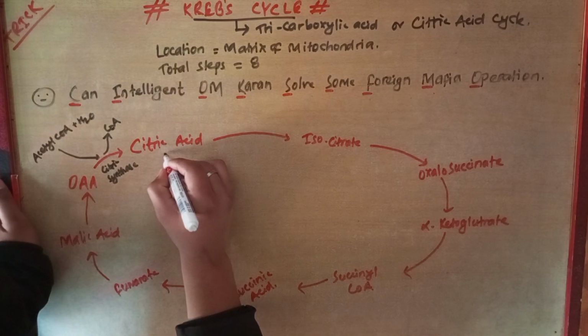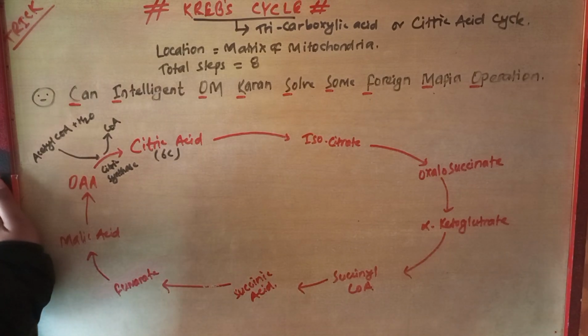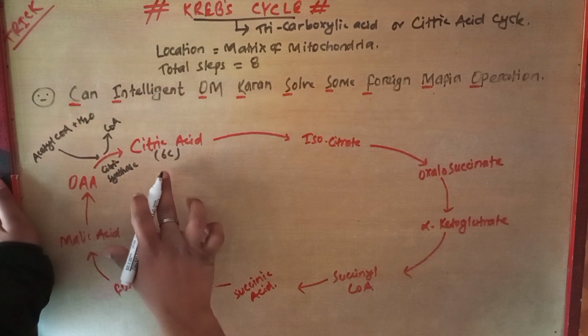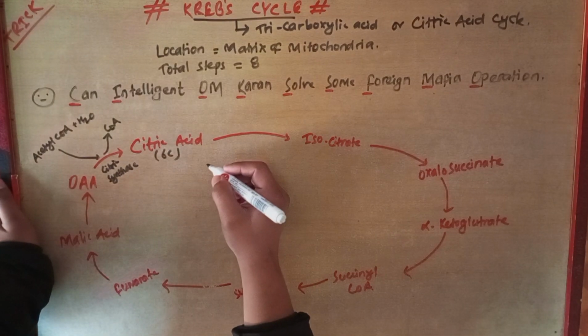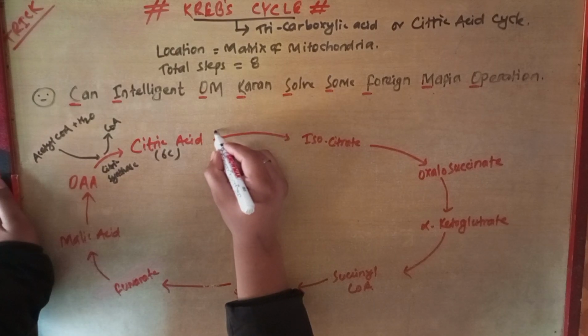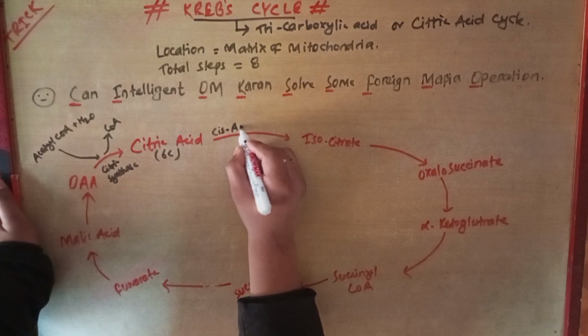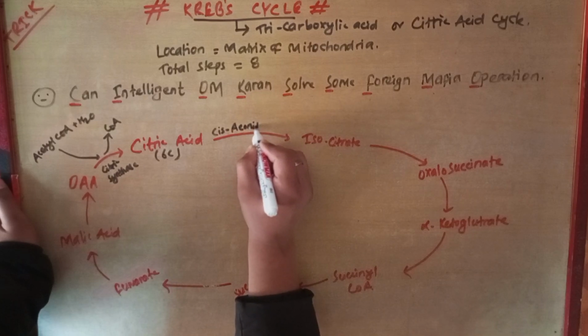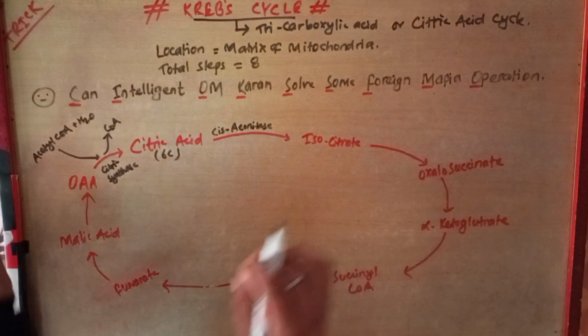This is the six carbon compound citric acid, the first compound formed in the Krebs cycle. Then there is another enzyme, aconitase, and this citric acid gets converted into isocitrate.